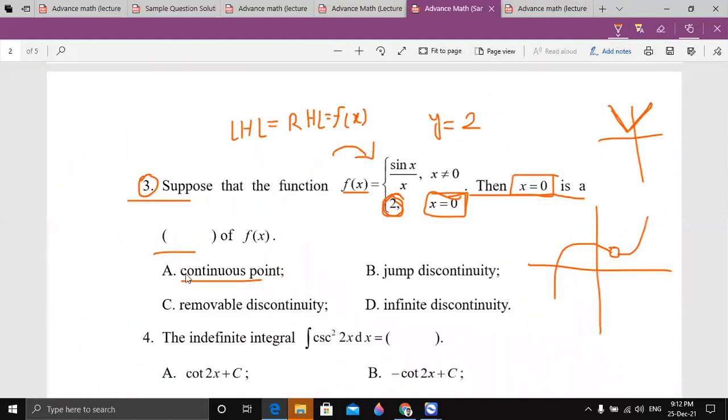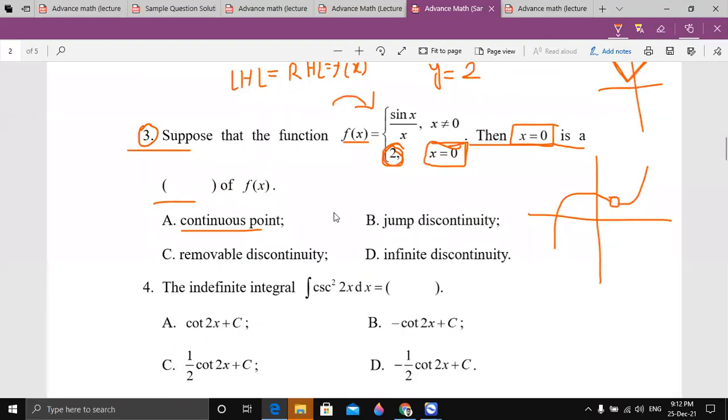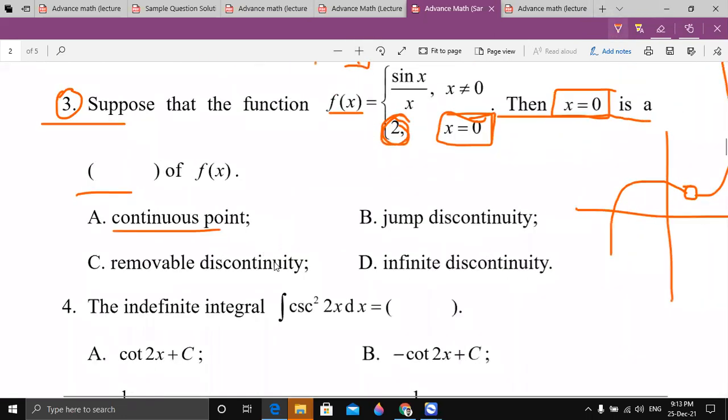So let's continue to the next question. Let me write down very simply here. So removable discontinuity means limit x tends to 0 of f of x is not equal to the function value, right?